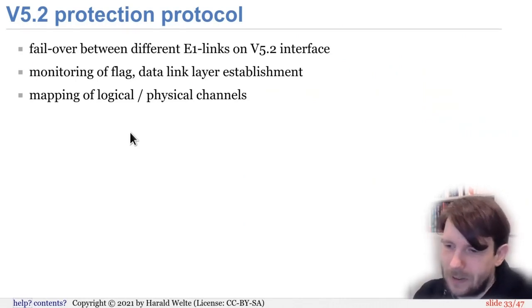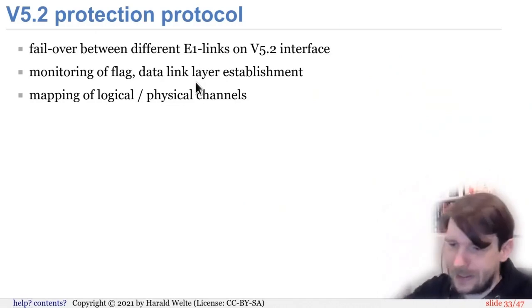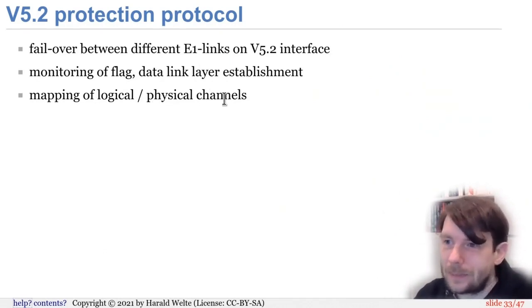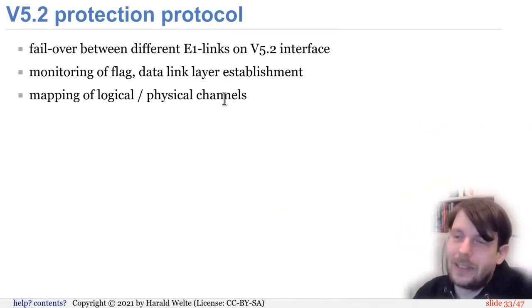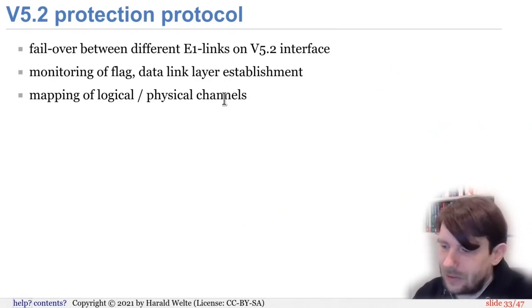And based on this monitoring, it decides whether a given link is active, and then there's a concept of logical channels versus physical channels, and it maps the logical channels on different physical channels depending on which of the underlying E1 lines are available or not. So significantly more complex than what we had in V5.1, but then also, of course, it adds a lot of protection to the overall interface.